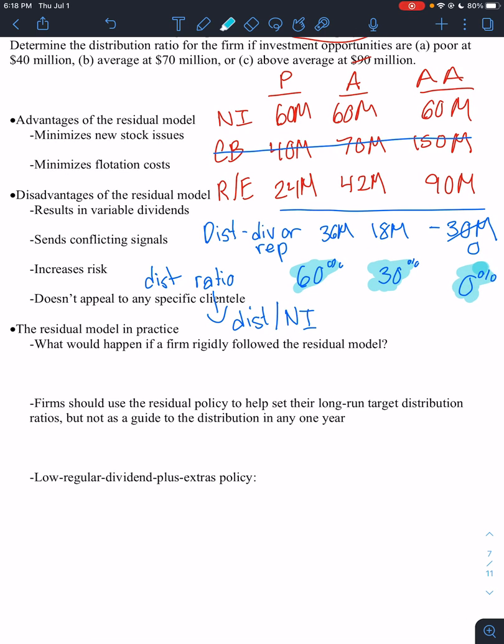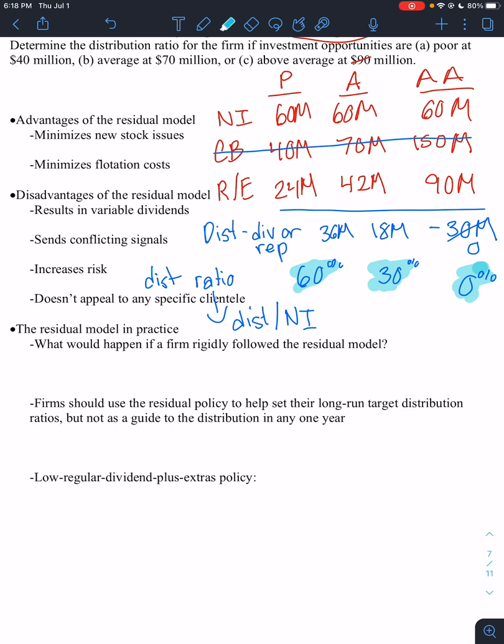On top of that, it does minimize stock issues, like issuing new stock, which then also minimizes flotation costs and those negative signals that come along with issuing new stock, right? Because the way it minimizes this is that by me making sure that I can cover my projects with retained earnings, that keeps me from having to issue stock, right?